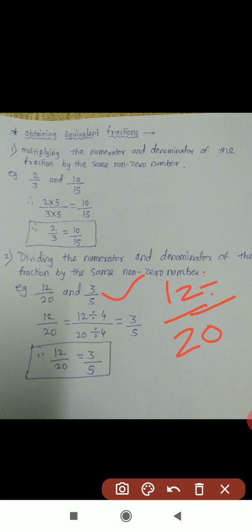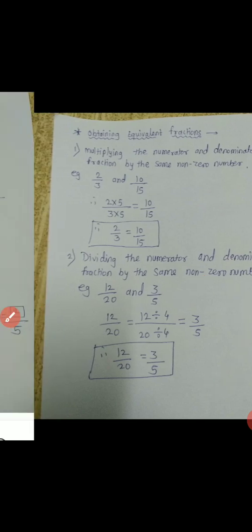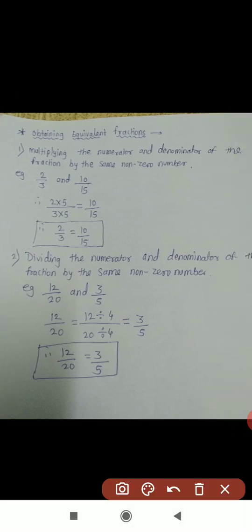If you are seeing, both are present in the fourth table. So you have to divide with 4. So 4 threes are 12, 4 fives are 20. Then you will get 3 upon 5. So these two are the equivalent fractions. Means how are we getting them? By multiplying with the same number or dividing with the same number.